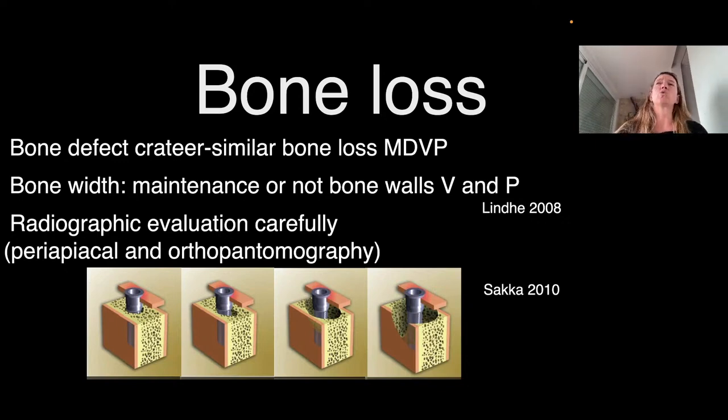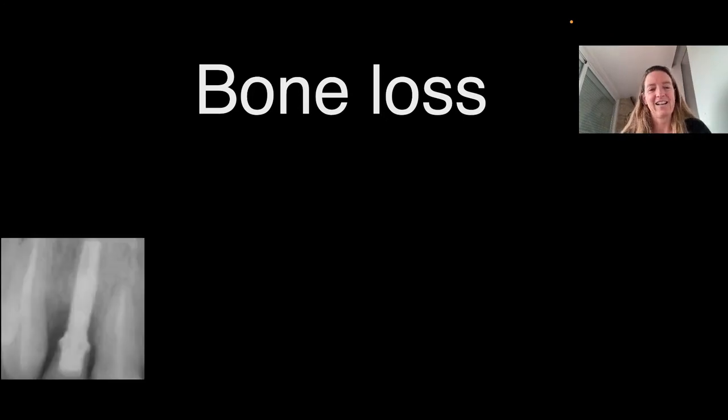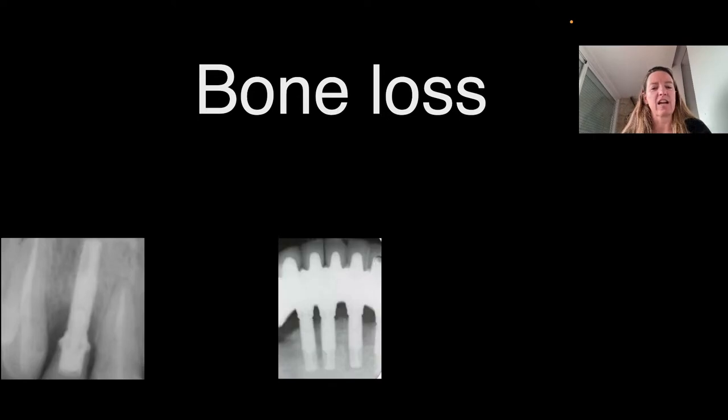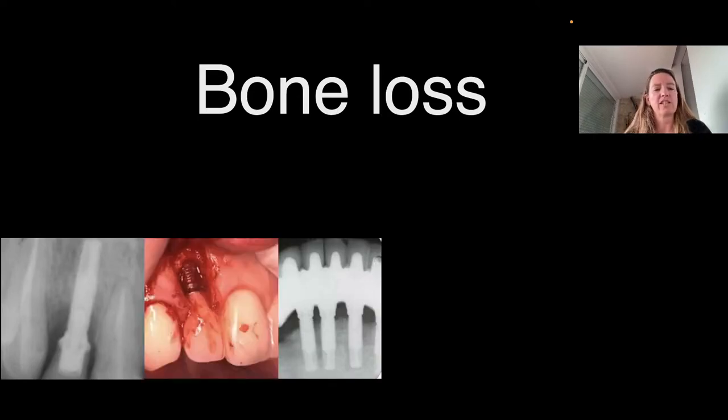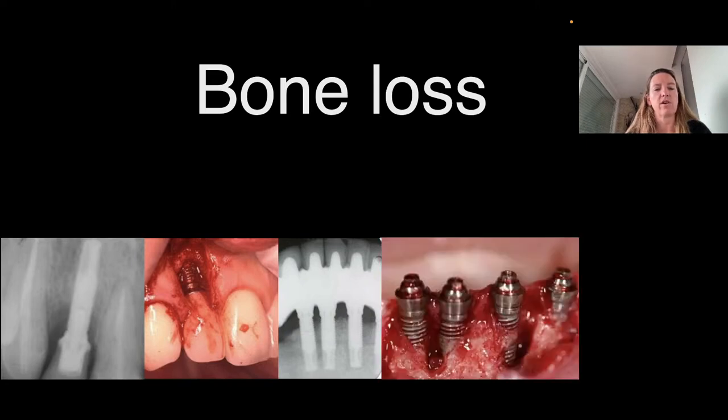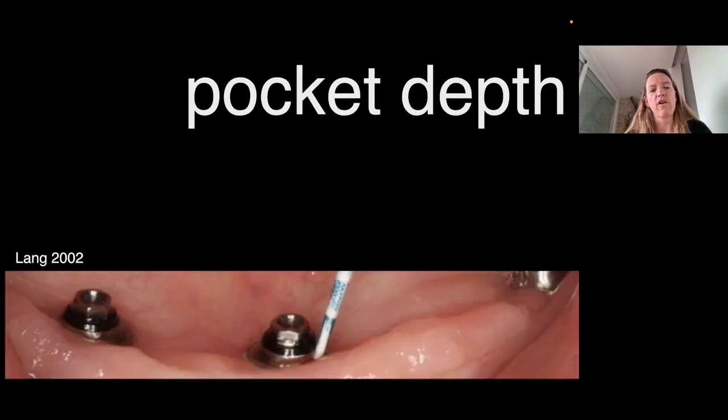So the best way to evaluate would be through a CT scan or CBCT. For example, we can check here in these X-rays the corresponding bone defect that we had around our implants. So we have to be very careful.